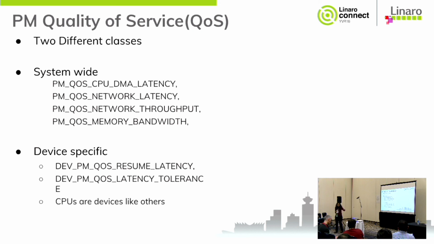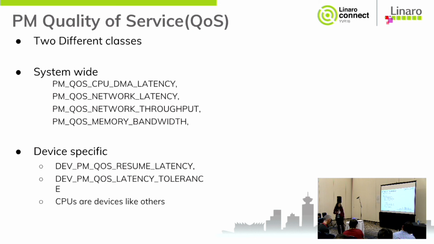So this is one of the parameters that the CPU idle governor considers when choosing a particular C state. There are a bunch of other system-wide constraints as well, like network latency, network throughput, memory bandwidth, and then there is device-specific latency that I was talking about earlier, pertaining to per device.